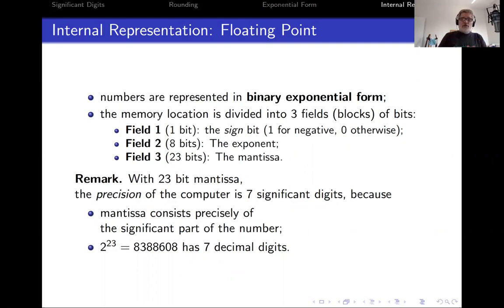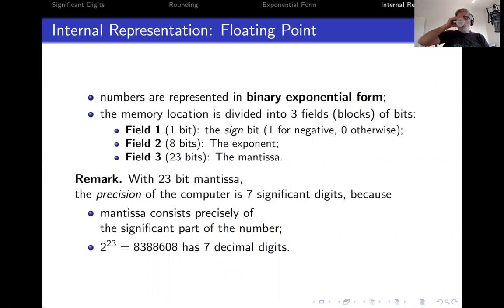I'm going to define exactly how everything works, and then I'm going to work through an example from start to finish. I'm going to take a real number in decimal, and show you the 32 bits of how it's handled in the computer at the very end.